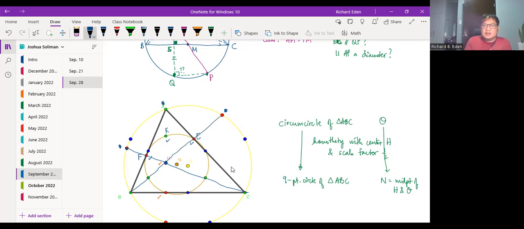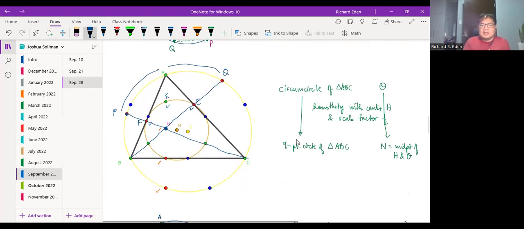Okay, so tawagin natin tong special points na to as, so okay, you have A, and then hala, ginulo ko na. This is P, and then Q. So it suffices to show that PA and AQ, yun ang gusto natin gawin, ipakita that they are congruent arcs.